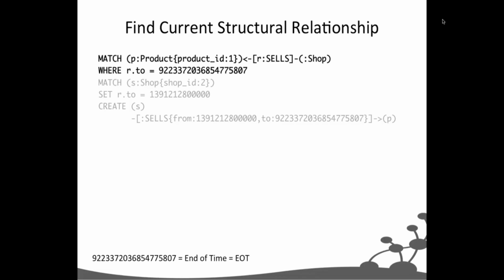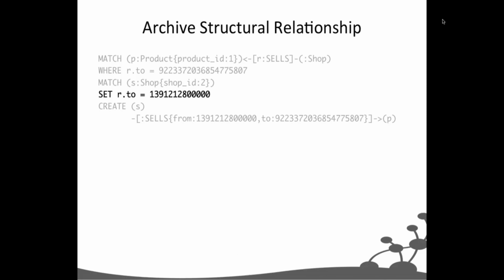You'll notice here that we're looking for the relationship that connects it to a shop where that relationship currently has no upper bound. Effectively what we're saying with this match clause is find the current structural relationship that attaches this product ID node to the shop ID node.